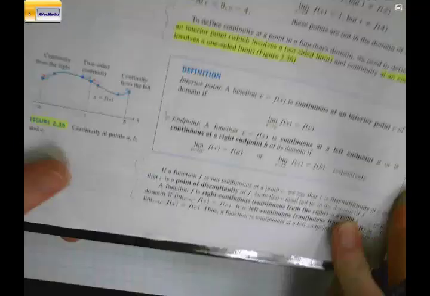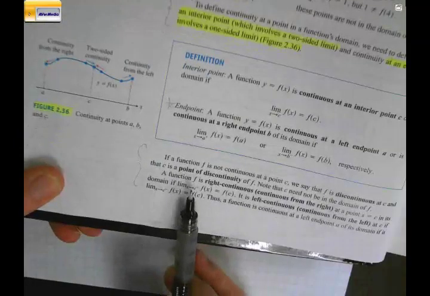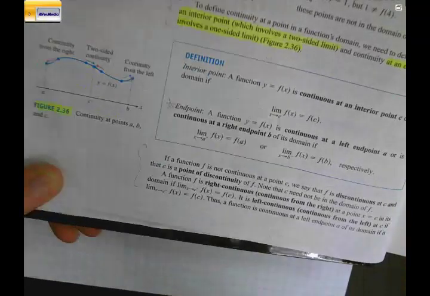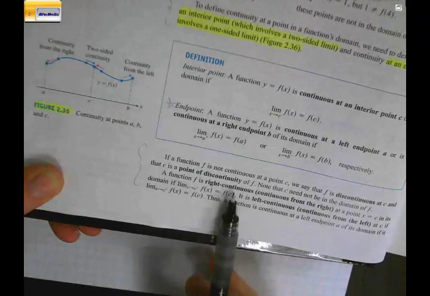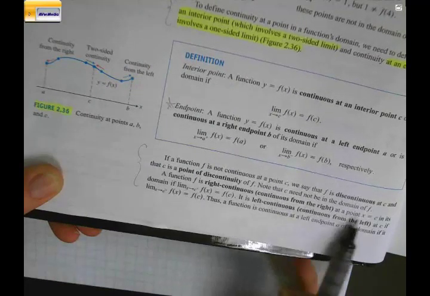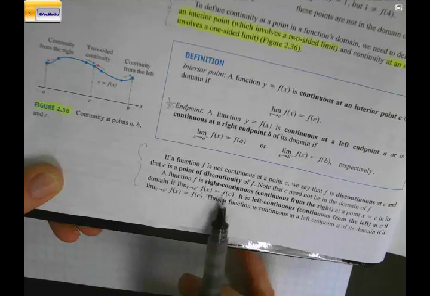Well, it really doesn't talk about it until you get down here underneath the definition. And it says if a function is not continuous at a point, we can consider it discontinuous at the point. If a function is right continuous, meaning it's continuous from the right at a point in its domain, if the limit equals the function value.